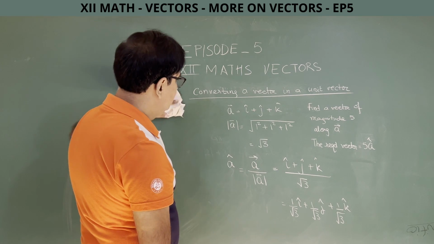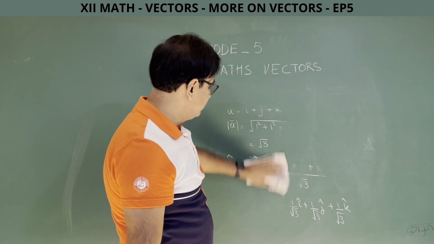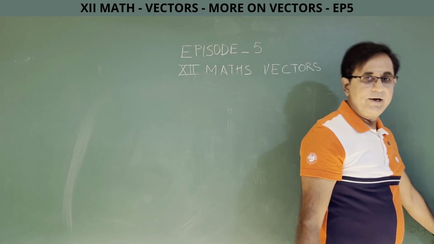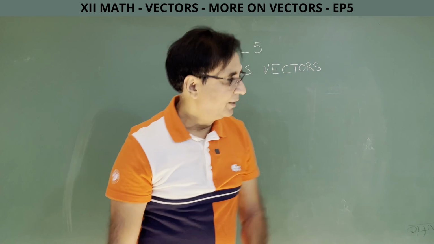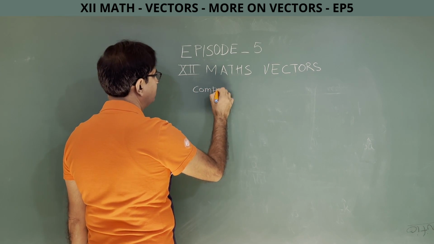So now we will take up the next topic, component of the vector. I have been promising you in the previous episode also, I will make you understand what you mean by x component, y component and z component. So now before I take up x component, let me generalize this first.